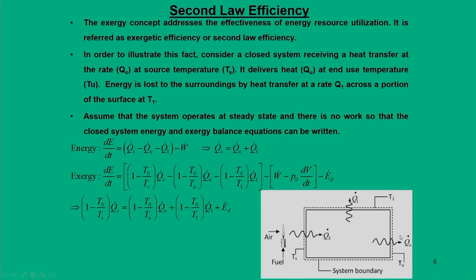So, this is something like a Carnot cycle, where one is the source and the other is the sink. We have one temperature Ts, the other temperature Tu, and in this process you get Q_s dot as input and Q_u dot as output.